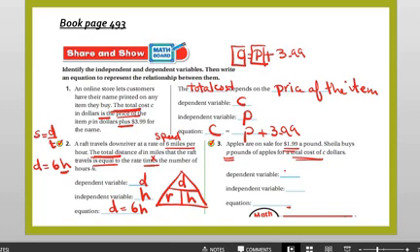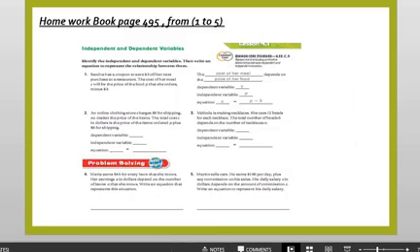Total cost, this is the conclusion. This is the dependent variable, C. Independent variable is the number of pounds that she's buying. The equation, the total cost here equals the price, $1.99, times the number of pounds she's buying. This is the total cost of apples, okay?